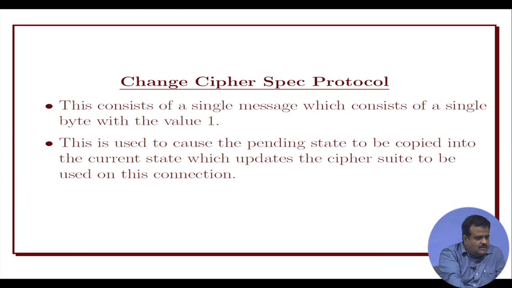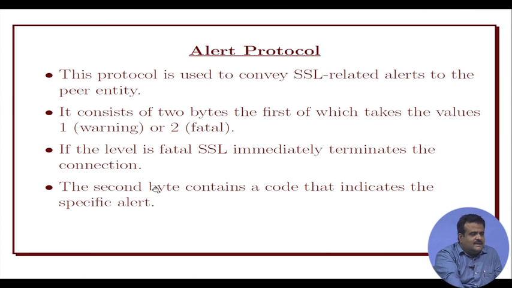So, this is the change cipher spec protocol. It consists of a single message, which is a single byte with the value 1. This is used to cause the pending state to be copied into the current state, which updates the cipher suite to be used for this connection. And then the alert protocol.